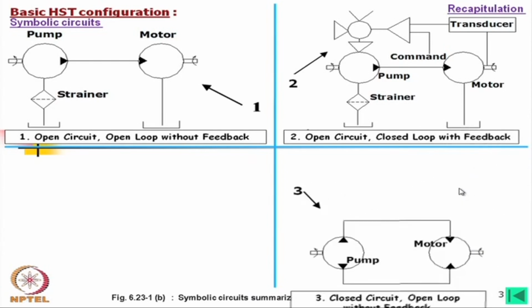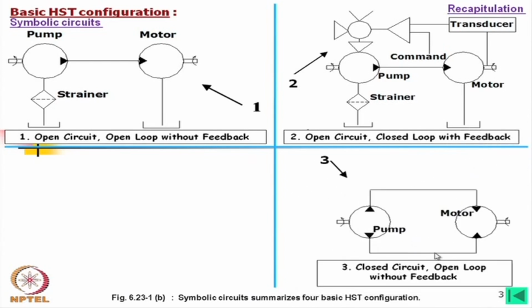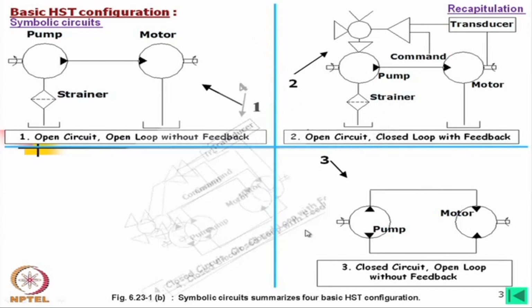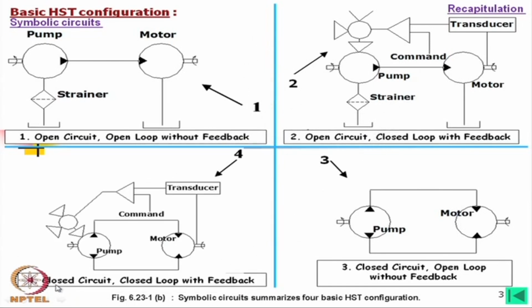Similarly, we can have a closed circuit but open loop, and finally, we can have closed circuit, closed loop with feedback. That means this is not only closed circuit but also closed loop. So, the first part of the term is the circuit term and the second part is the control term. In that way, we can name like this.